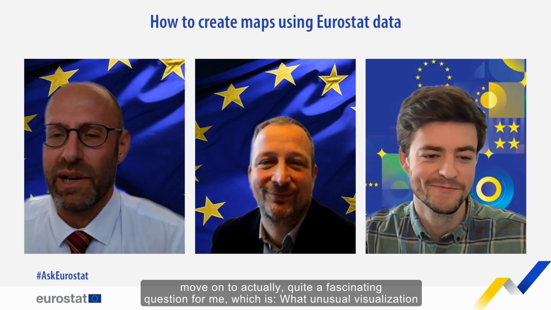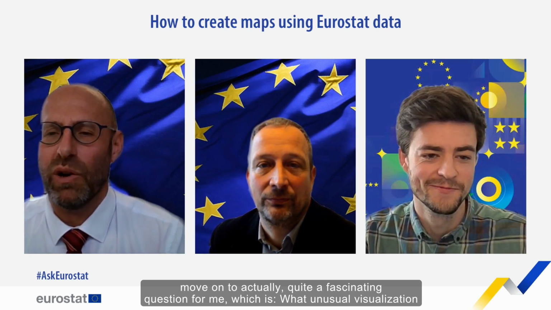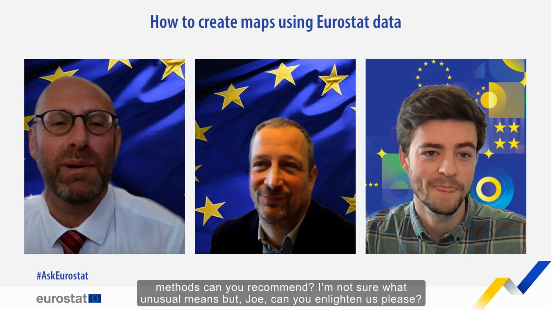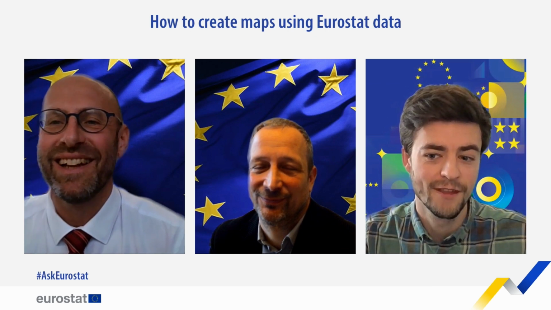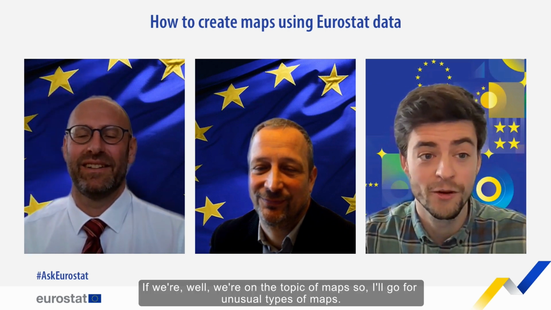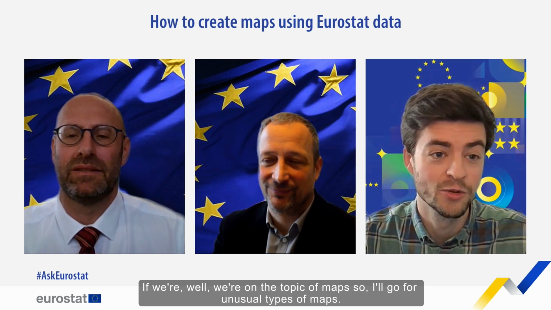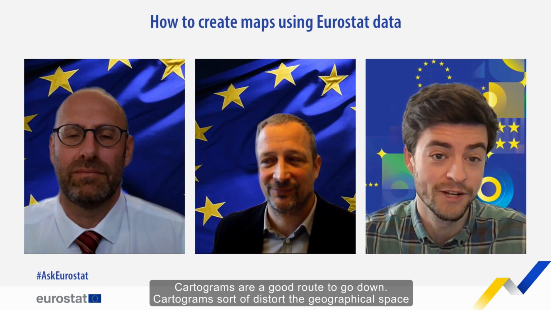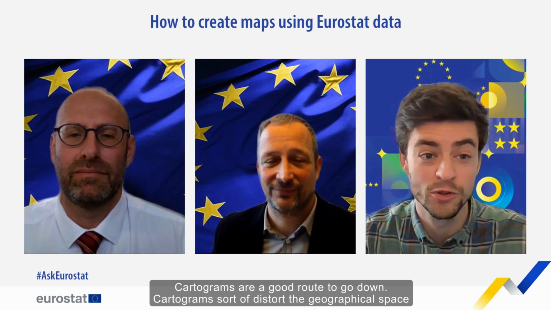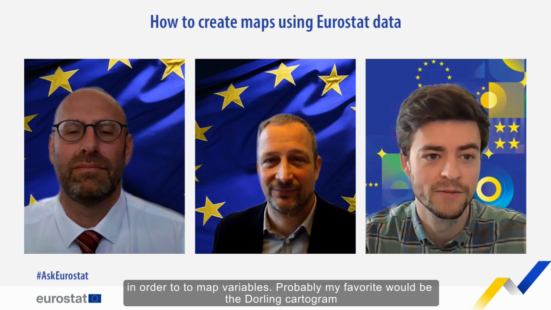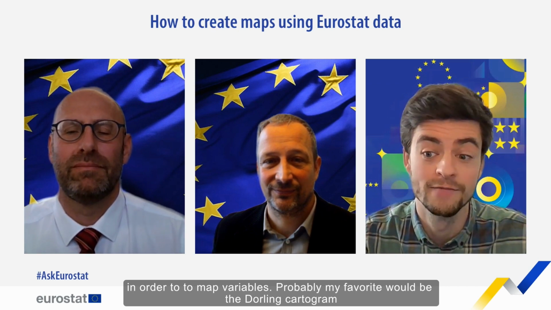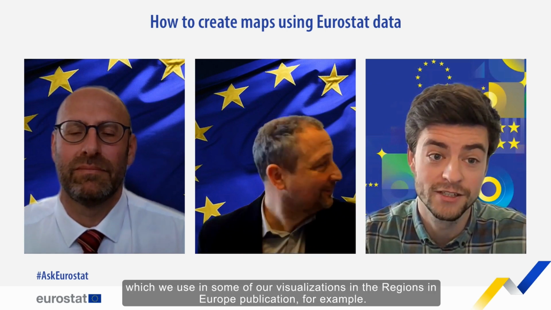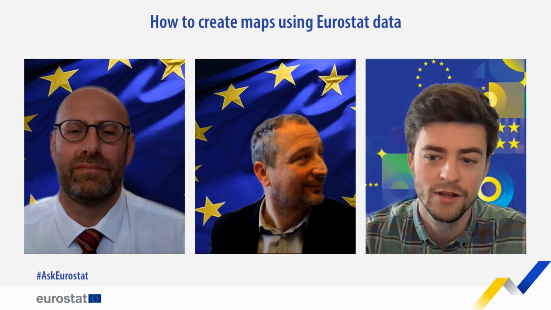Let's move on to quite a fascinating question for me, which is what unusual visualization methods can you recommend? I'm not sure what unusual means, but Joe, can you enlighten us, please? Yeah, if we're on the topic of maps, I'll go for unusual types of maps. Cartograms are a good route to go down. Cartograms distort the geographical space in order to map variables. Probably my favorite would be the Dorling cartogram, which we use in some of our visualizations in the Regions in Europe publication, for example.